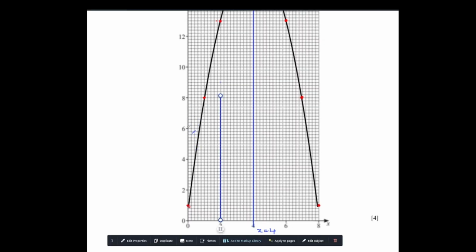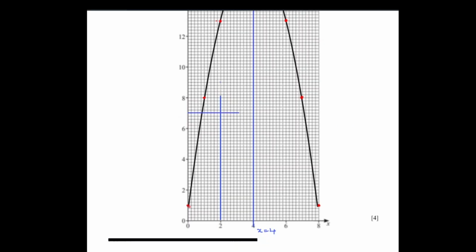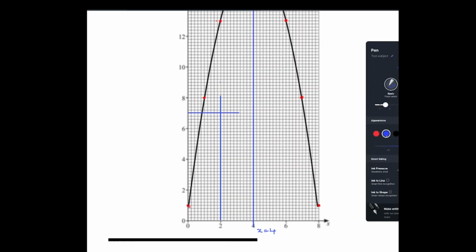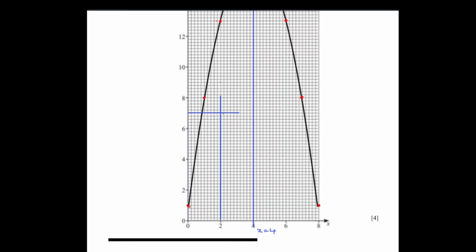So after 6, 5 boxes, 1 2 3 4 5 here. So the point (2, 7) is this point.